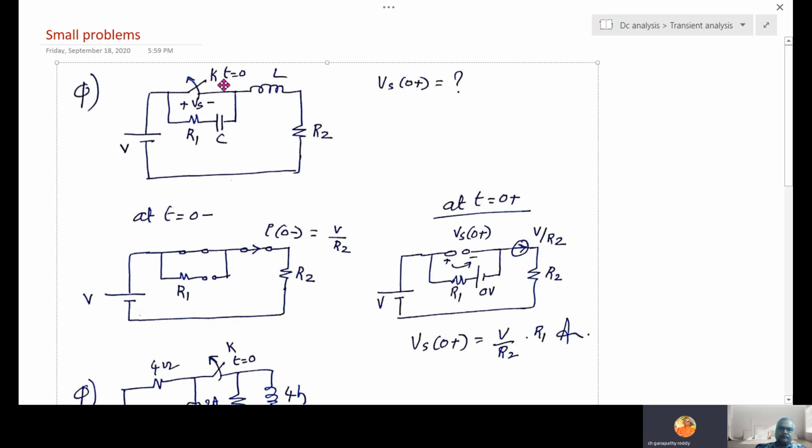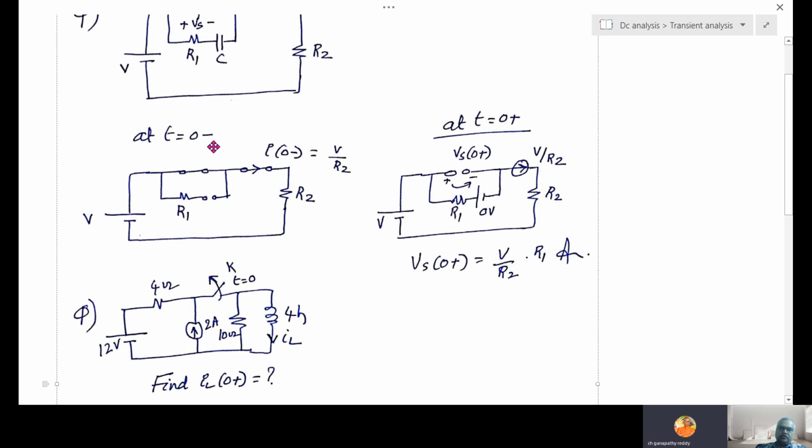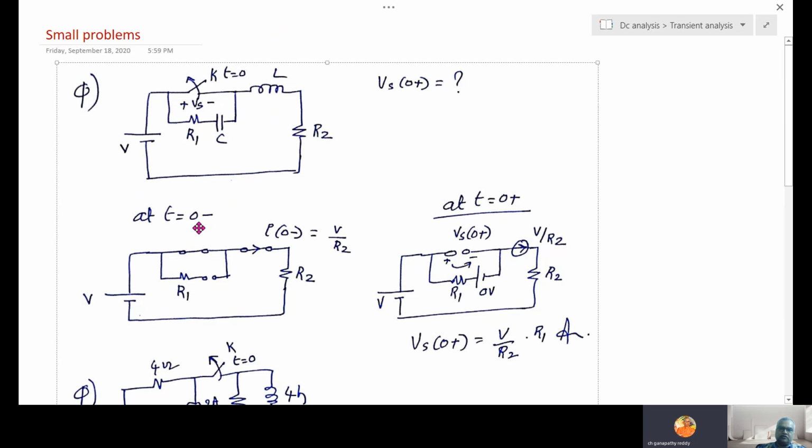In this problem, Vs at 0 plus is asked. Vs is the voltage across the switch. Because it asks at 0 plus, you draw the equivalent circuit at 0 minus. V is there, and the switch is open at 0, no? So at 0 minus it is closed. At 0 minus steady state, resistor R1, the capacitor is open, the inductor is short, then R2.